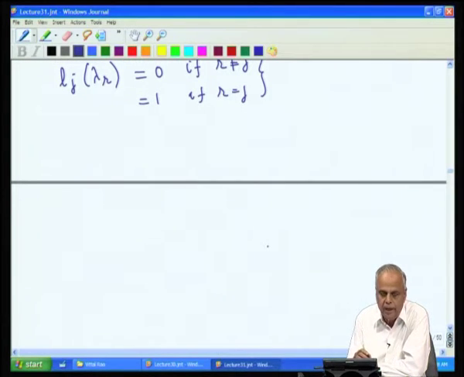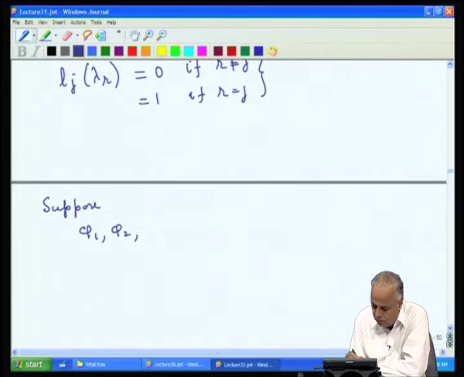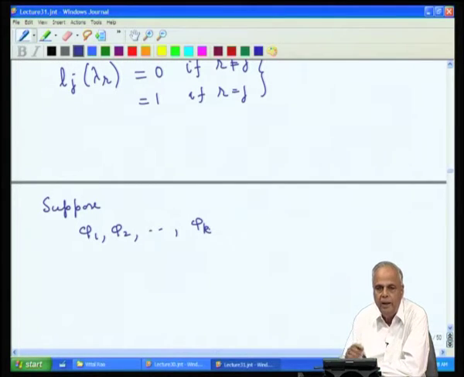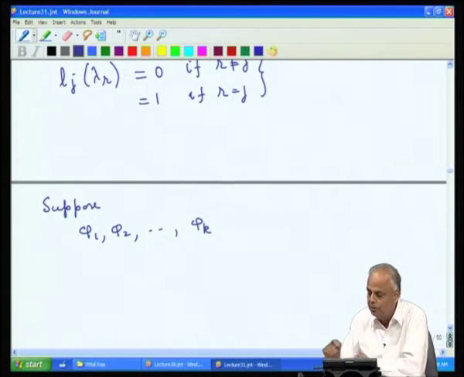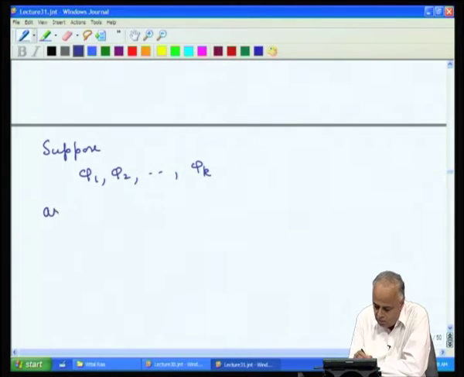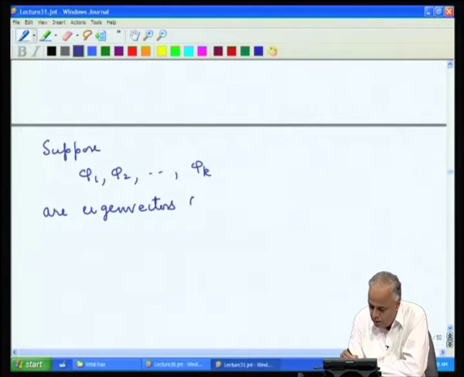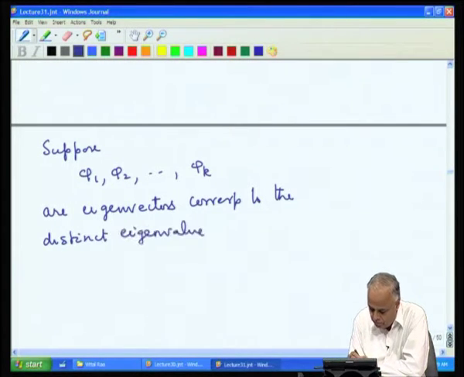Now, we have these k distinct eigenvalues. Suppose φ₁, φ₂, ..., φ_k are eigenvectors corresponding to the distinct eigenvalues λ₁, λ₂, ..., λ_k respectively.